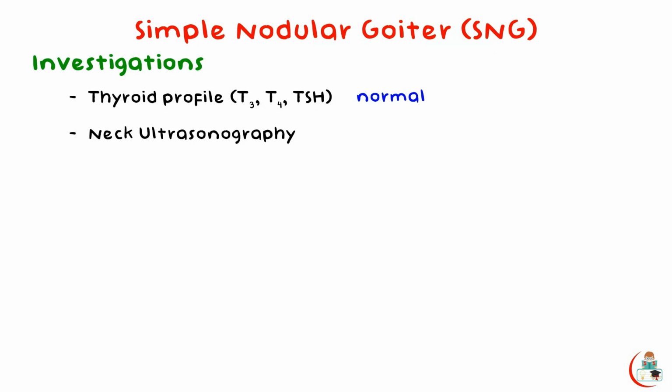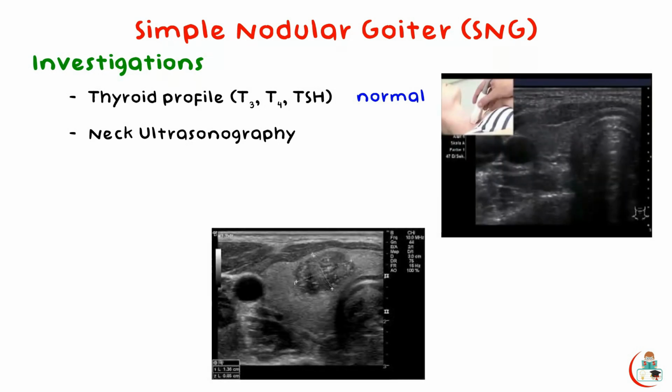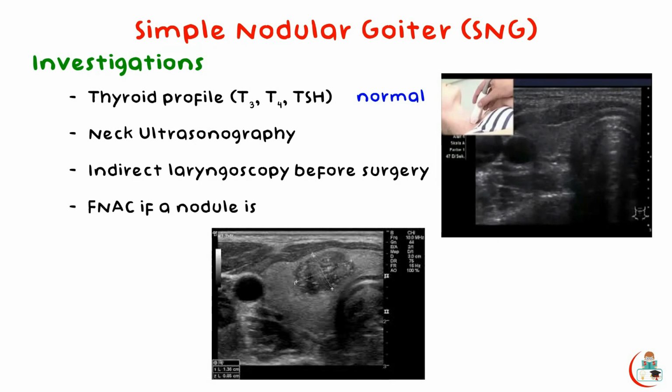Very diagnostic to show the nodules, differentiate cyst from a solid nodule, confirm or exclude the presence of cervical lymph node enlargement. Number three, indirect laryngoscopy, especially in patients with recurrent goiter to assess the mobility of the vocal cords. Lastly, fine needle aspiration cytology if a nodule is suspicious. No need to ask for thyroid scan.